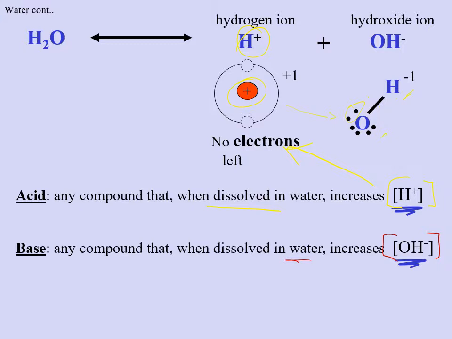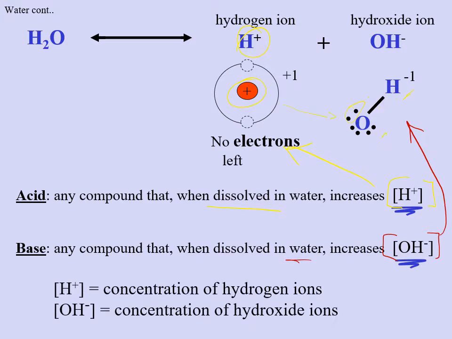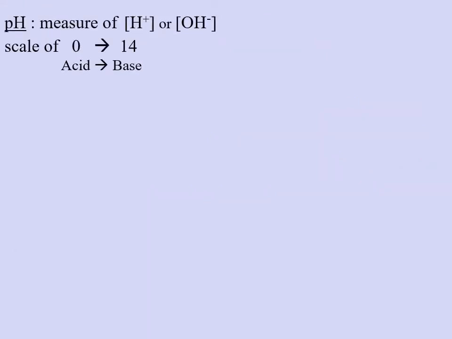That's what these brackets mean, concentration. Whereas a base, I'll do this in red, is any compound that when dissolved in water increases the concentration of hydroxide ions. So there's this counterpoint to each other, and it's all based upon water. Just remember the brackets mean concentration of whatever's inside the brackets. So in the first one it's the concentration of hydrogen ions, and in the second one it's the concentration of hydroxide ions.